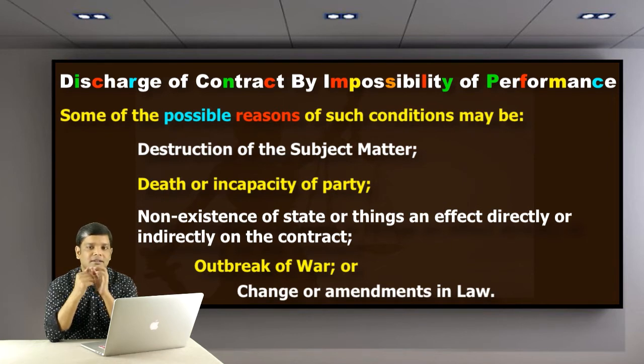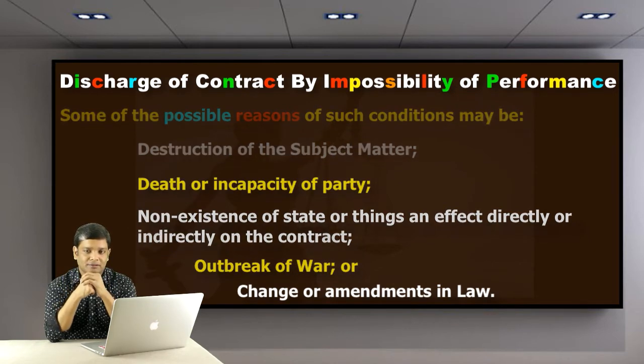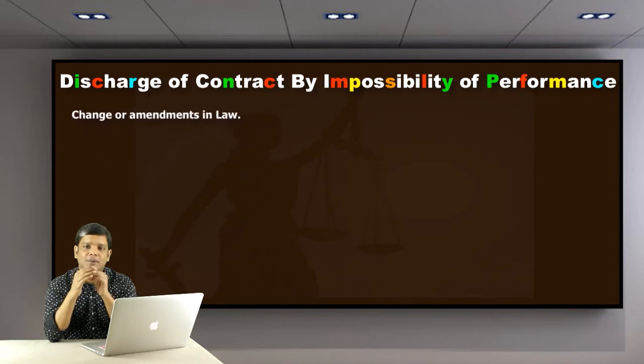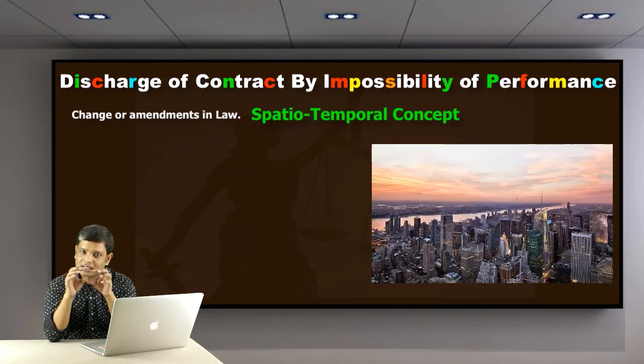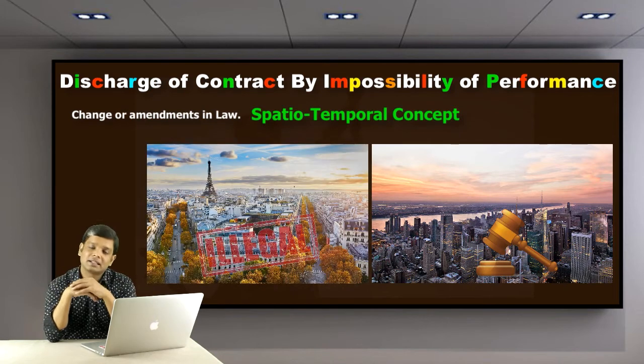Well, this is a very conceptual kind of thing, though everything is conceptual, but it is interesting to understand. Of course, see, as I always say, law is a matter of a spatio-temporal kind of thing. So what is the meaning of spatio-temporal? Spatio means a certain law at one place is legal, but at some other place it is illegal.